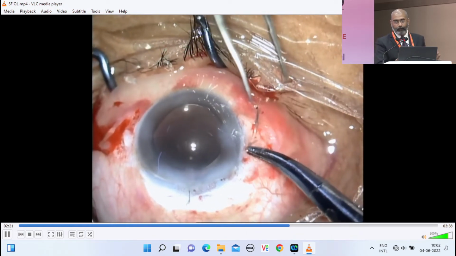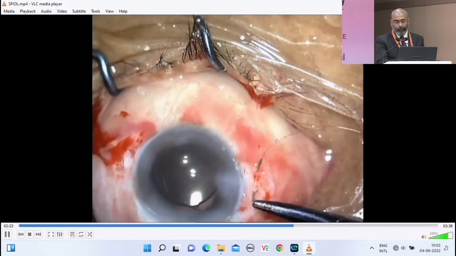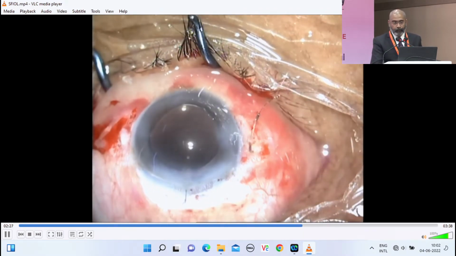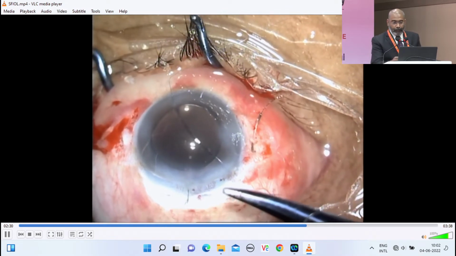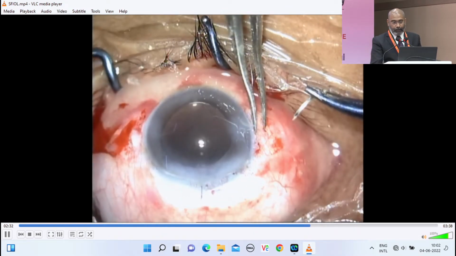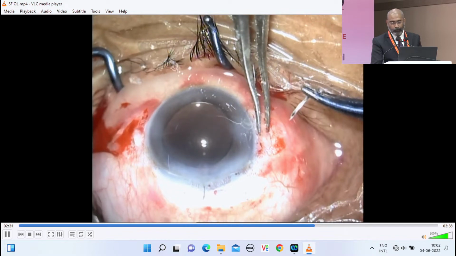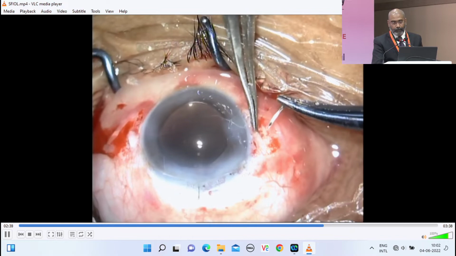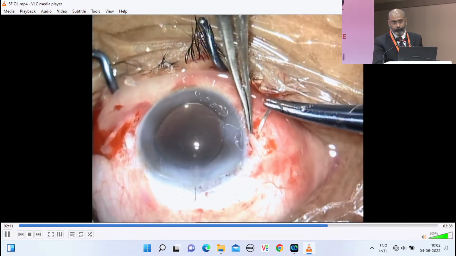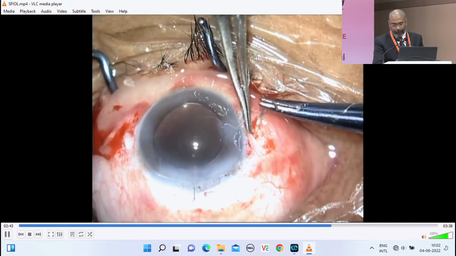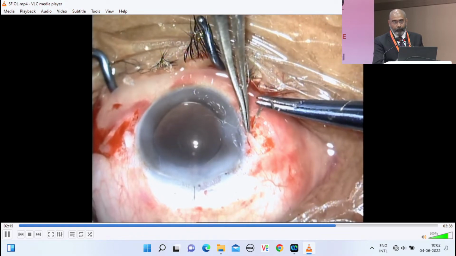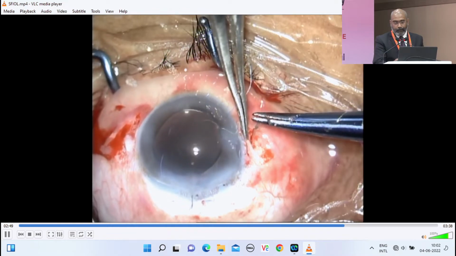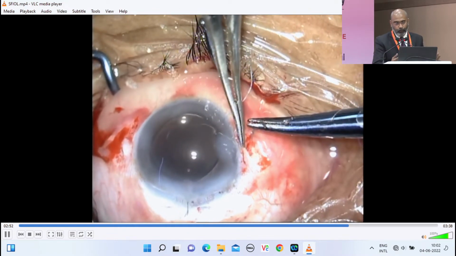You have to remember one advantage, that the suture is already tied to the haptic, so it's not just looped with the haptic. So when I was taking the bite from the floor of the sclera, just see what happened in slow motion. This is the remaining suture. I, by mistake, had caught it while holding the flap of the sclera, and during taking the bite, had torn off a part of the scleral flap with the remaining suture also.